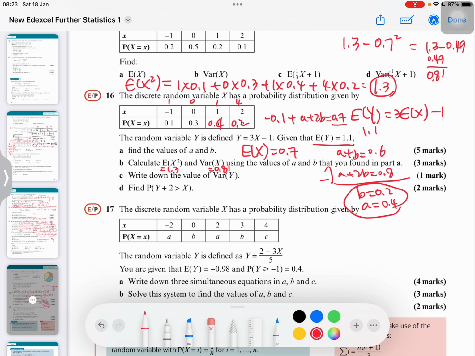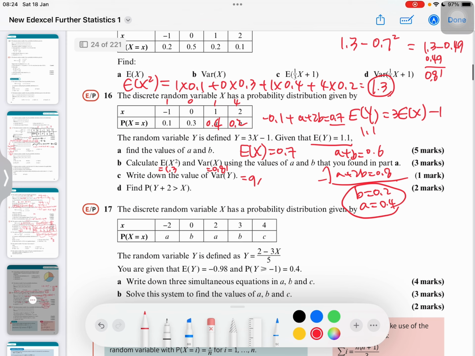So write down the value of the variance of y. The variance of y is 9 times 0.81, which is 7.29. Now find the probability that x is larger than x plus y plus 2. So y is 3x minus 1, so 3x minus 1 plus 2x.